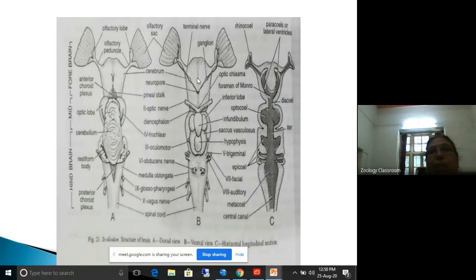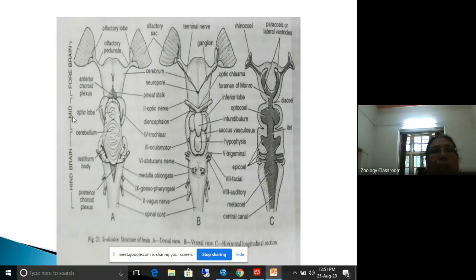On the ventral surface of the diencephalon there is the optic chiasma, the crossing of nerves. Below it there is the infundibulum, and outgrowths called the two inferior lobes, and below them the saccus vasculosus and hypophysis. So this is the ventral part of the diencephalon.